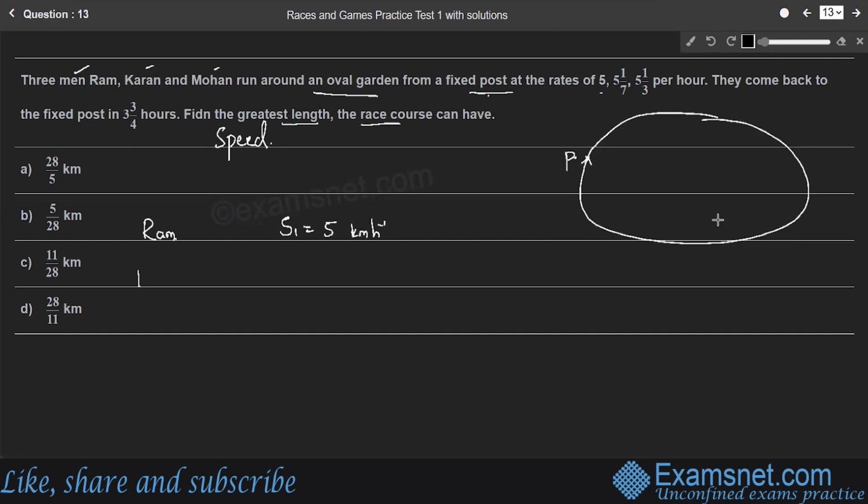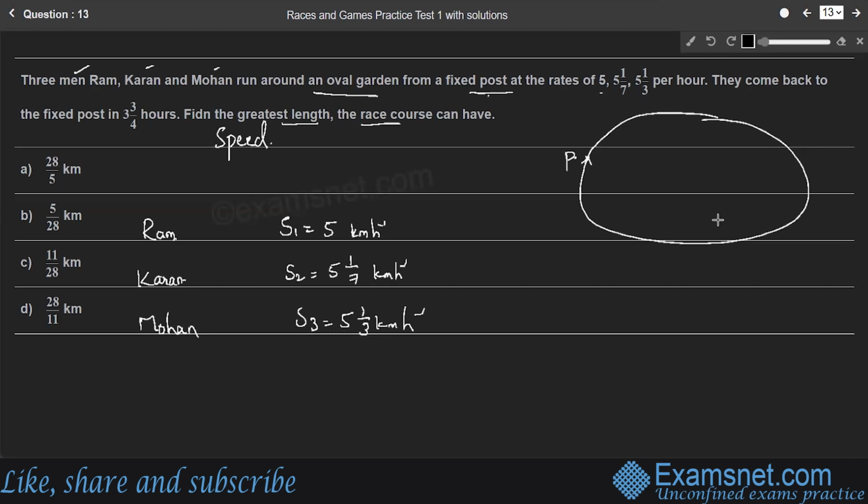Whereas Karan is running at the rate of 5 integer 1 by 7. So his speed is 5 integer 1 by 7 kilometer per hour. Whereas third person Mohan is running at the rate of 5 integer 1 by 3 kilometer per hour. Right? So they come back to the fixed post in 3 integer 3 by 4 hours.